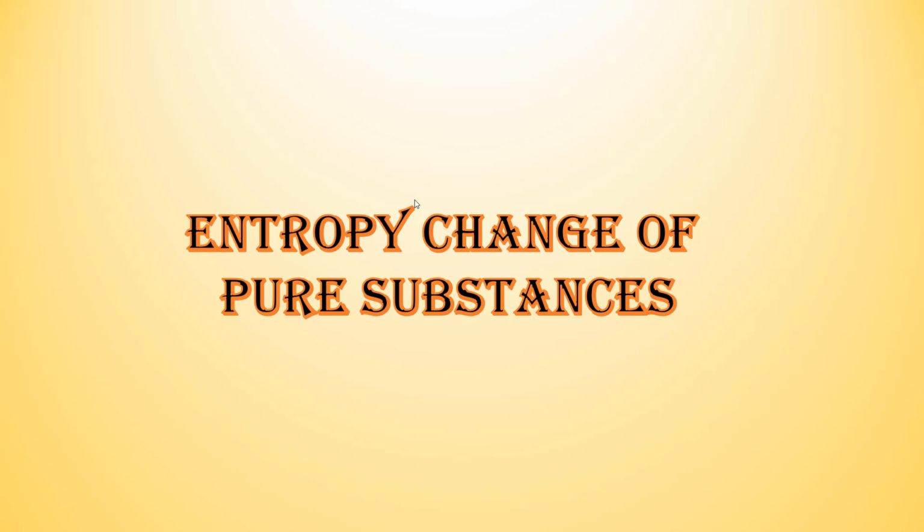So for entropy change of pure substances, we learned two different methods. The first one to calculate the entropy change was, if you have a relationship between Q and T, and for a specific case, if we have an isothermal reversible process, let's say for a thermal reservoir, you can write delta S equals Q over T naught.